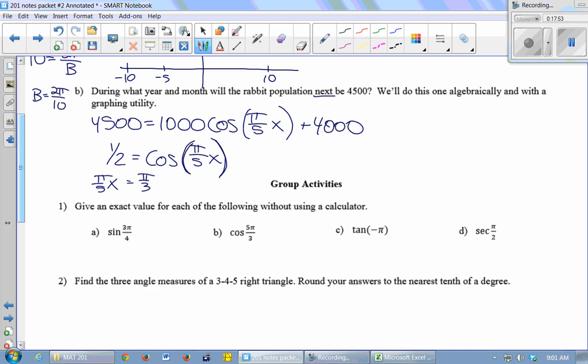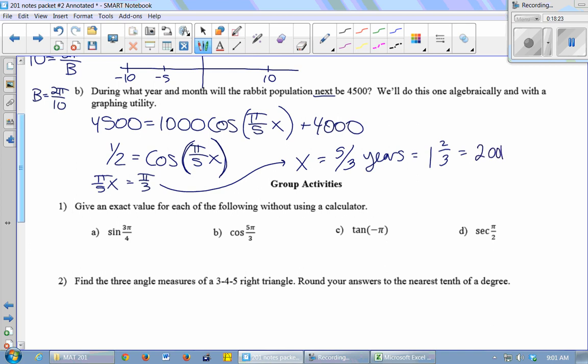So when I solve for x, multiply by 5 over pi, and I get 5/3. What does that represent? 5/3 what? Years. Or 1 2/3 years, which is 2001.